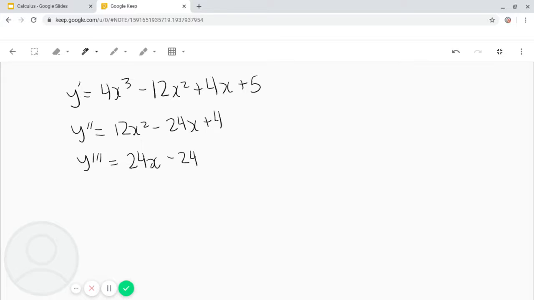So this becomes 4 times 8 minus 12 times 4 plus 4 times 2 plus 5, which is equal to negative 3.